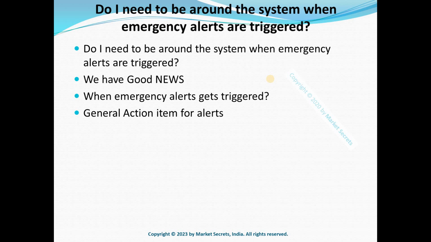The bot will automatically be able to handle most of it. But in case it is not, it will send you an emergency alert. In that case, you just have to manually log into your terminal through mobile or web app, and you may have to square off your open position. That's the general action item we recommend in case of emergency.